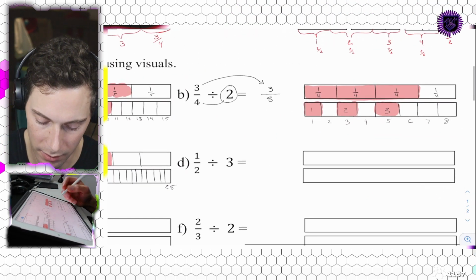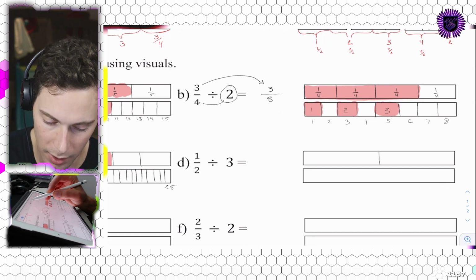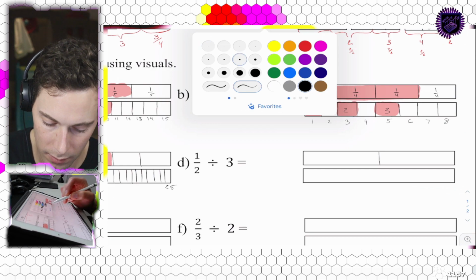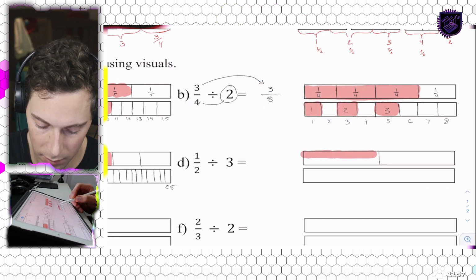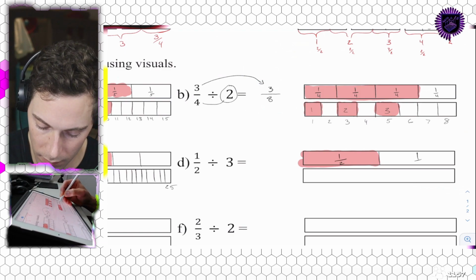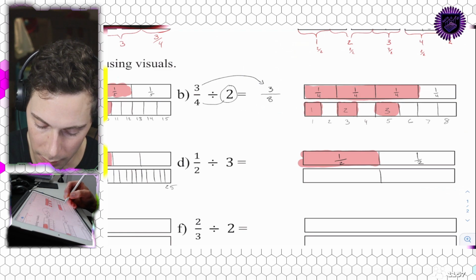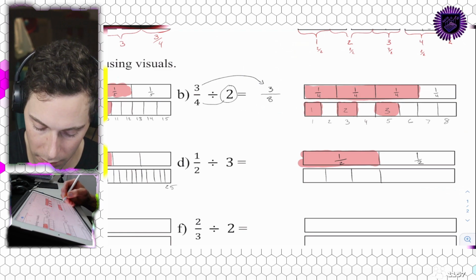Nice. 1/2 and 1/3. I did myself a favor here. We have 1/2. This is my half. And we're going to break our half into 3 pieces. 1, 2, 3.